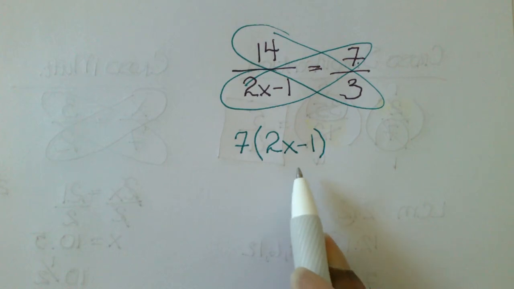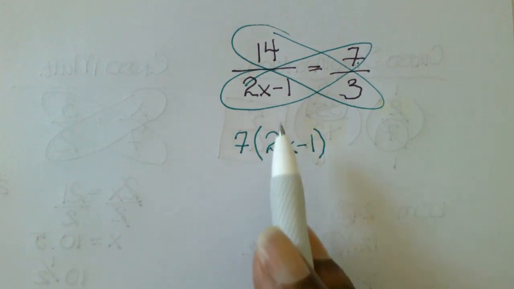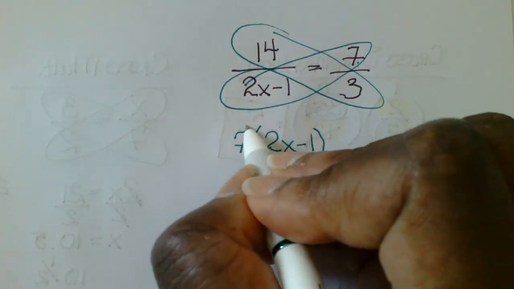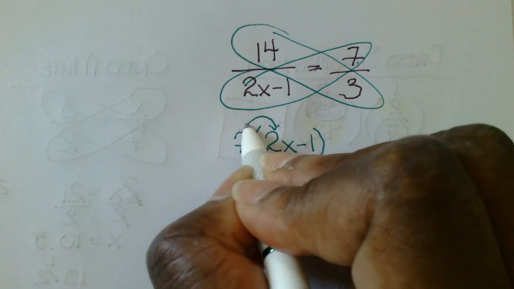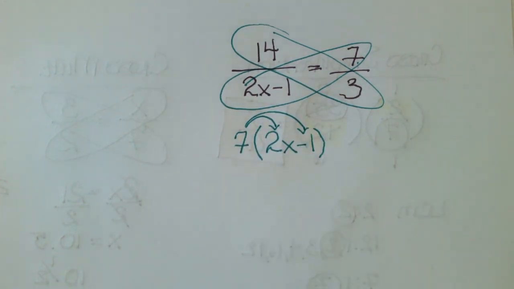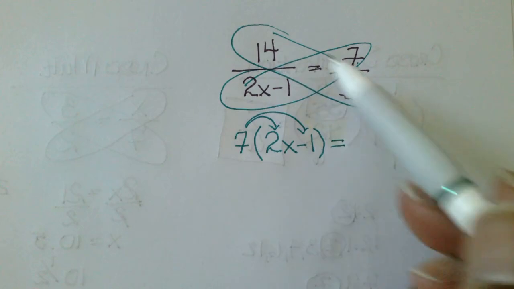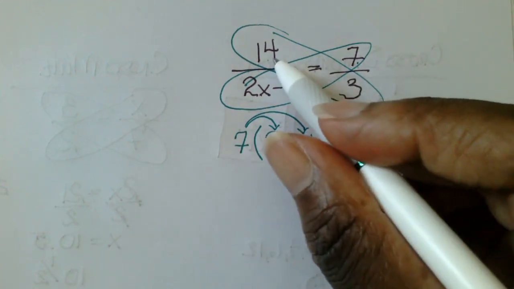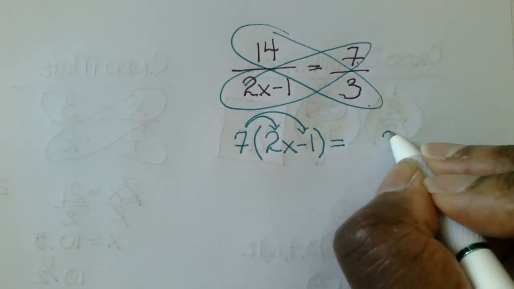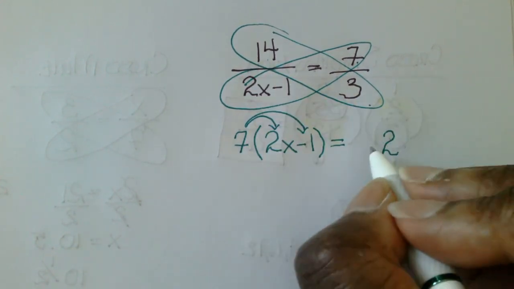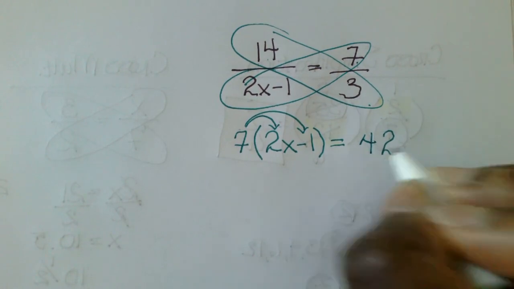So we're going to put parentheses around this expression, because eventually you're going to distribute that 7 to everything. Now it's going to equal 14 times 3. So we know 4 times 3 is 12, so we bring down our 2, carry the 1. 3 times 1 is 3, plus 1 is 4. So we got 42.